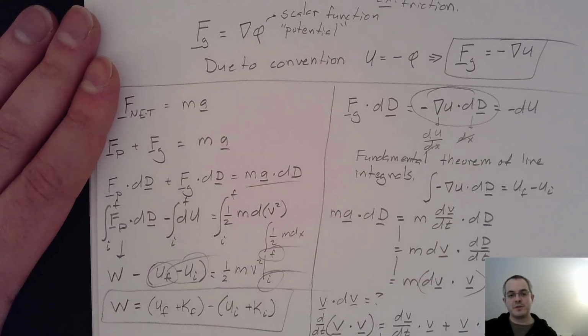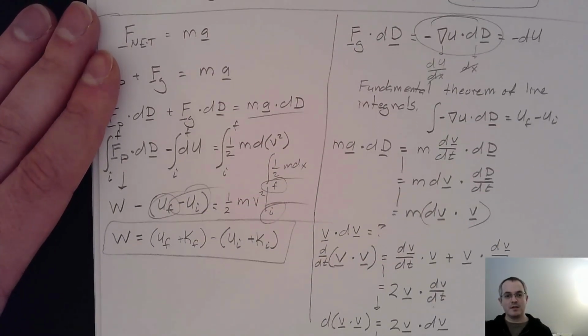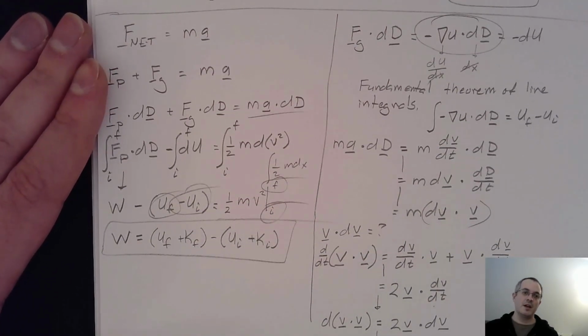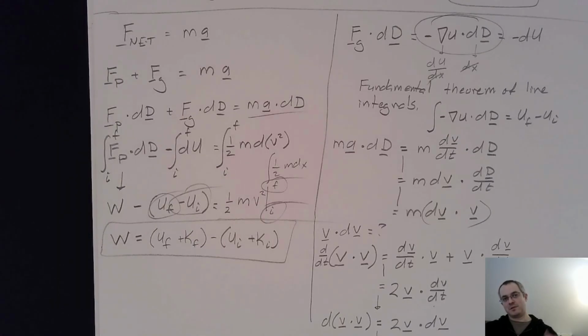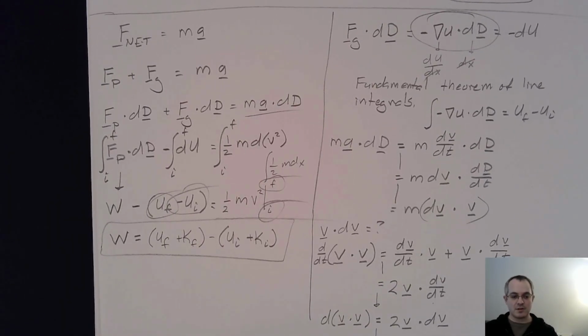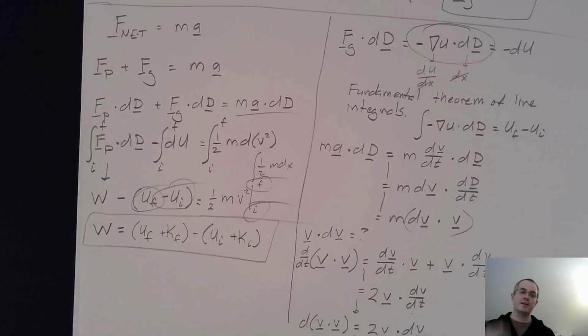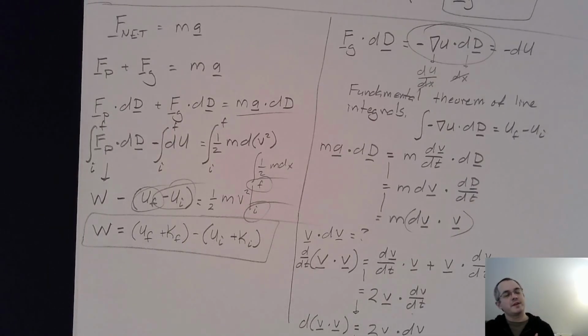So see how you end up with exactly the same equation, no matter which of these three ways you go about deriving it. And all you need to do is start with F equals ma, and then think, how do we get energy out of F equals ma?